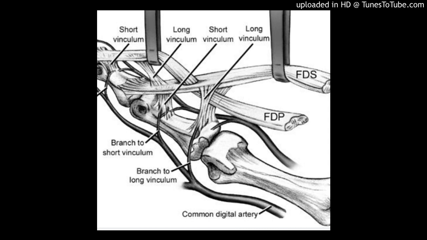The issue in this zone is complicated because of the pulley system and the ligamentous structures. FDS and FDP both are present and both are in the sheath. There is a tight space, adhesion is common, stiffness is common.